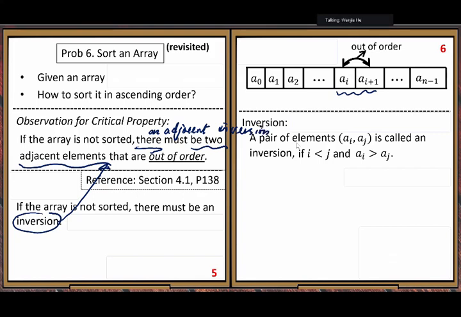The second statement does not say adjacent. This means this inversion is a global inversion.